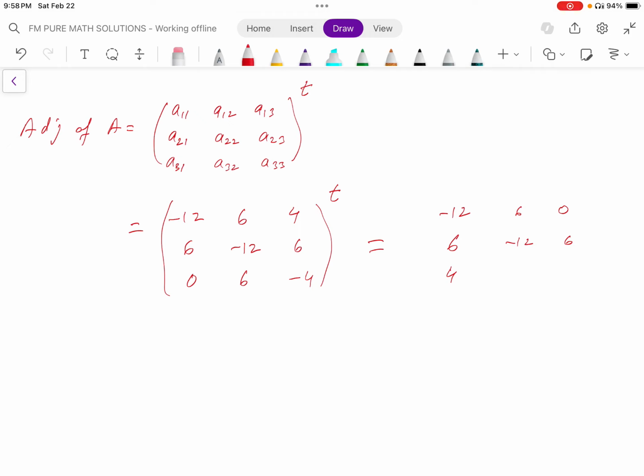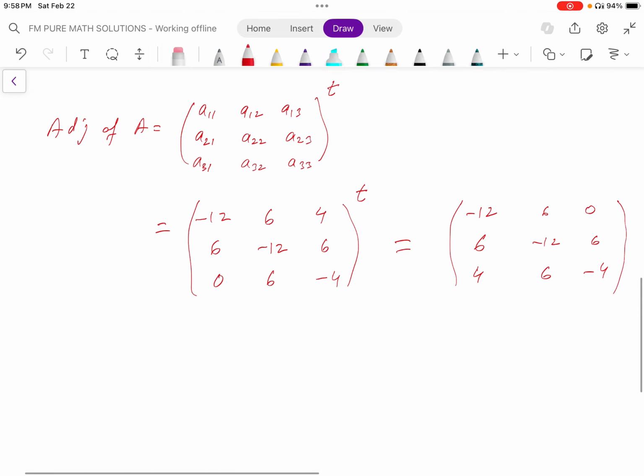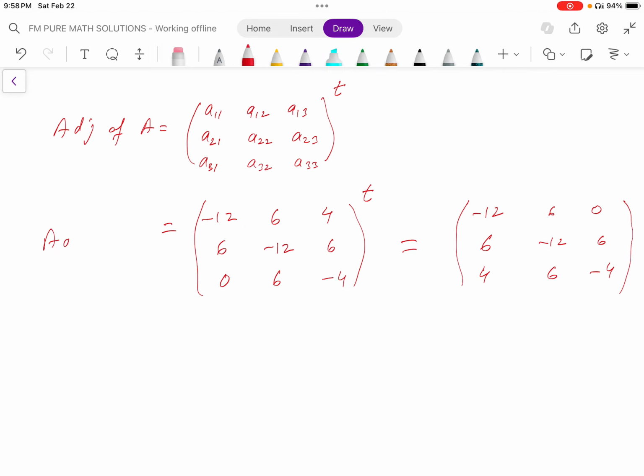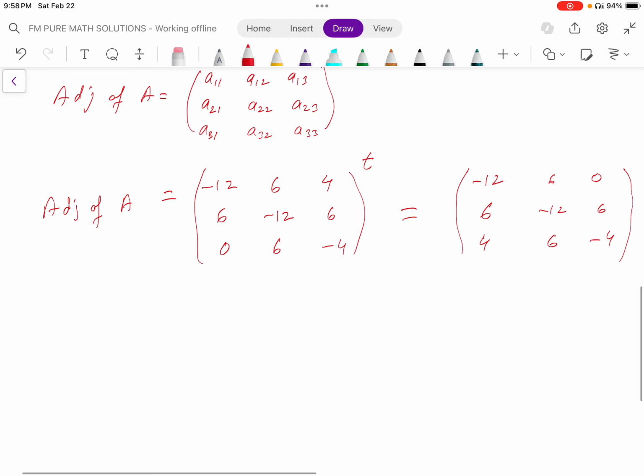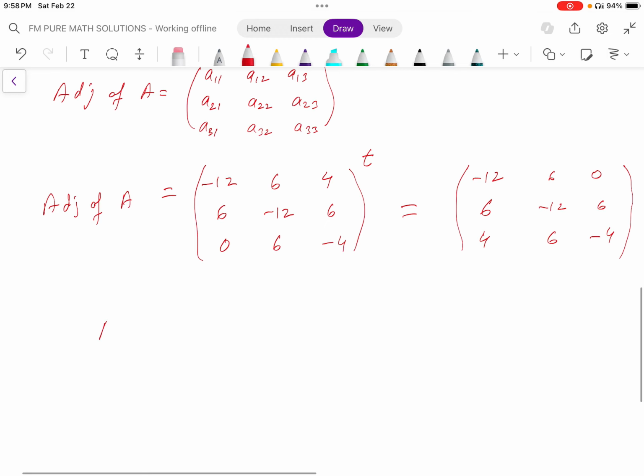This is what transpose means. This is the adjoint of A. Now, if you want the inverse of the matrix, it should be 1 over the determinant of A, which was 12, times this.